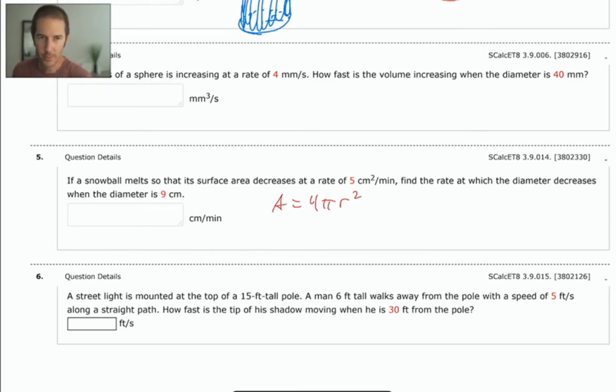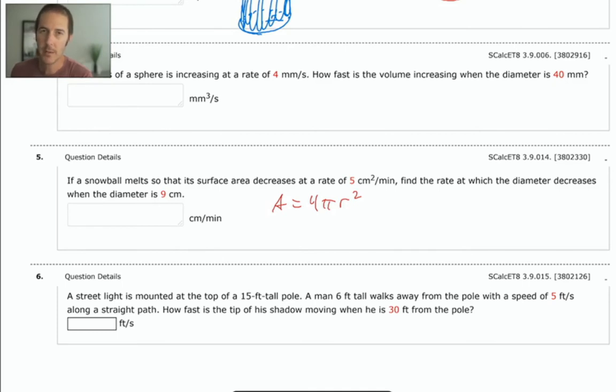Your r value is not given to you directly, but it's given to you indirectly because we're being asked about when the diameter is 9 centimeters. So you're going to have to convert that to an r value. And we want to find the rate at which the diameter decreases when the diameter is 9 centimeters. So we're looking for dD dt.